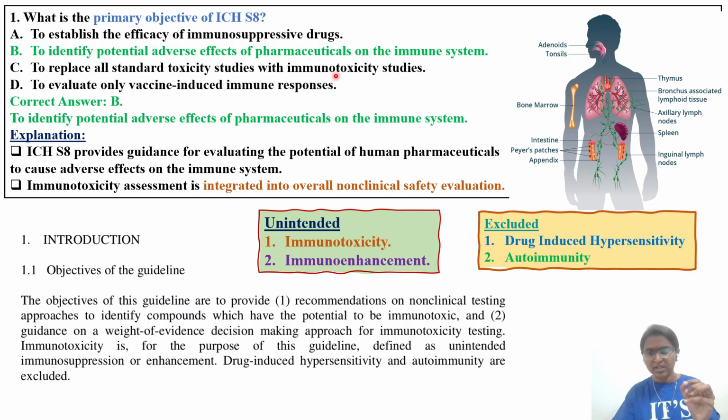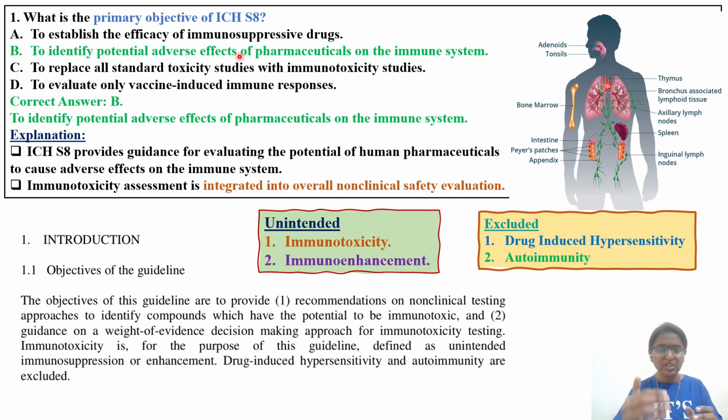On the right side you can see the different immune organs in our body which are responsible for the immune system. Let's see what the different options are which are not right for this ICH S8 objective. The first option is to establish the efficacy of immunosuppressive drugs. Pause here and try to understand: when will you take immunosuppressive drugs?